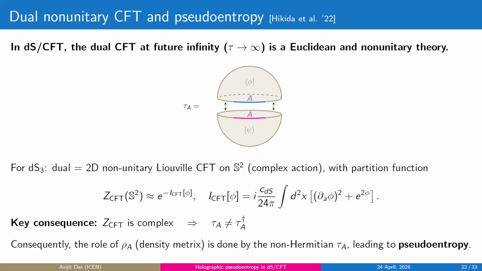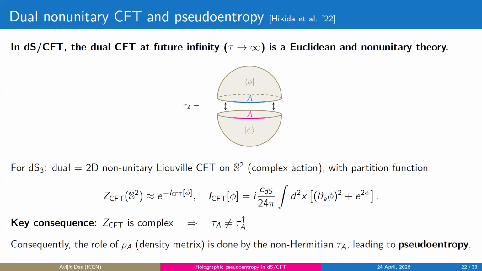So in dS/CFT, as the CFT is non-unitary, its action can be complex. Because its action can be complex, you see there is an i there. So in general, when you take the path integral in this lower hemisphere and the path integral in the upper hemisphere, you get two different states. You get phi and psi.